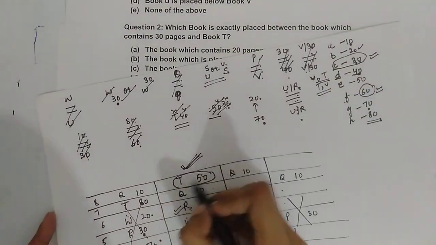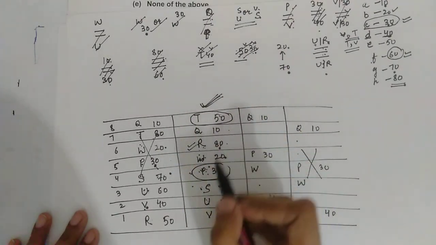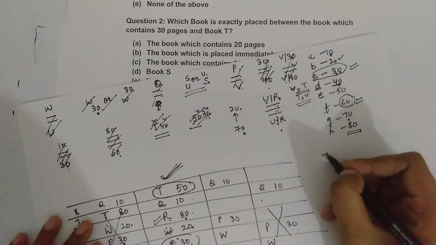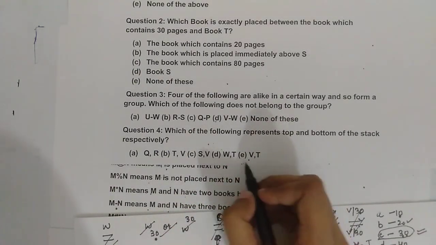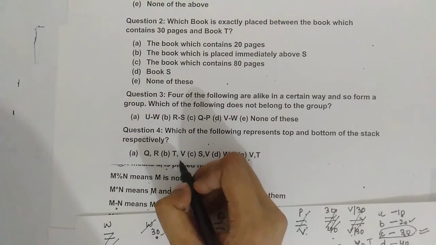Which book is at the top of the stack? Book T. And which book is at the bottom of the stack? Book V. So the right answer is respectively, you see. So top is T and bottom is V. So don't mark VT. No. Here the right answer is option B, that is TV. Fine.